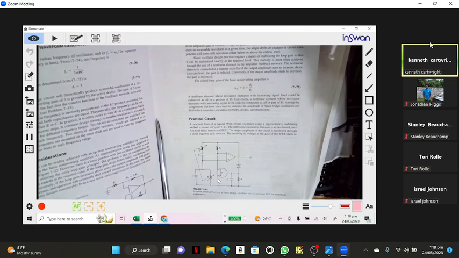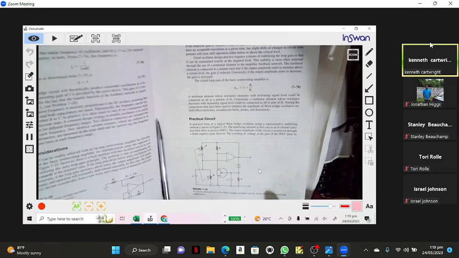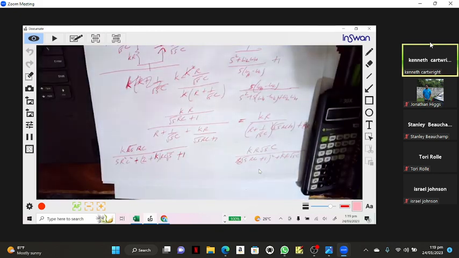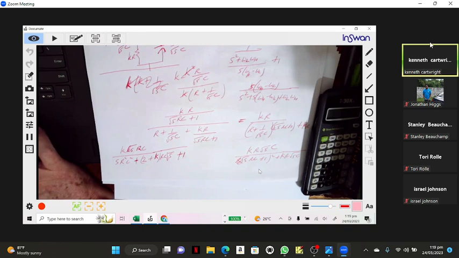So now RF over Ri is smaller, and the gain goes down. We call this an automatic gain control circuit. That's another way of doing it. The point being, any real world Wein-Bridge oscillator circuit must have a way of controlling the gain.